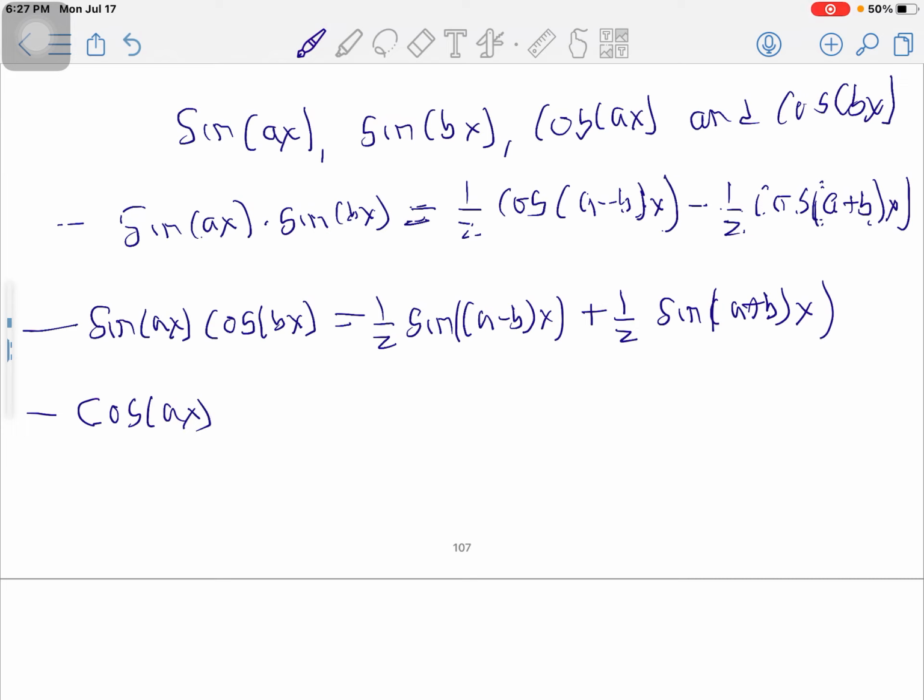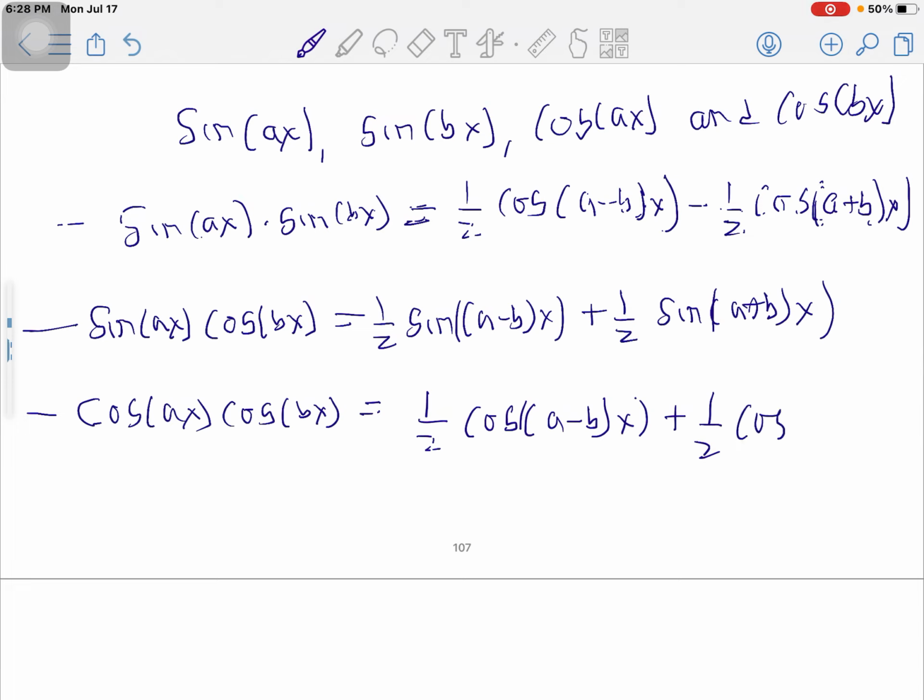Let's take the last identity that we want to talk about. The last identity constitutes cos of ax multiplied by cos of bx, which is equal to 1/2 cos of (a minus b) times x. You need to take note of that. Plus 1/2 cos of (a plus b) times x.